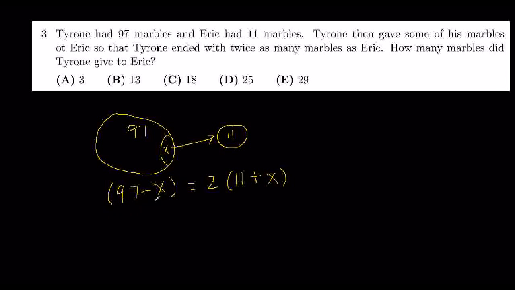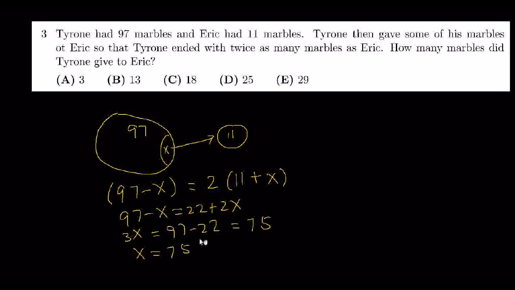We try to find what X is. So we have 97 minus X equal to 22 plus 2X. So we have 3X equal to 97 minus 22, which is 75. So we have X equal to 75 divided by 3, which is 25. Answer is D.